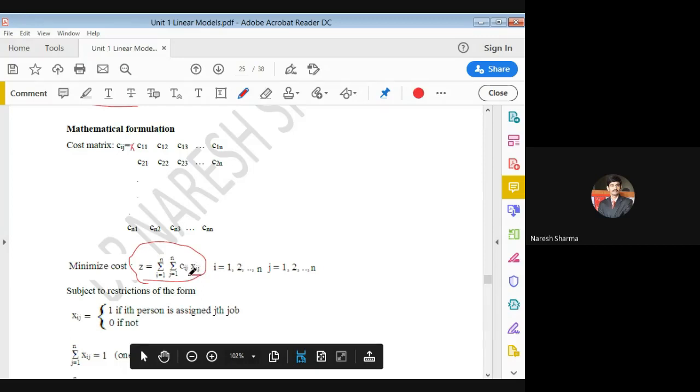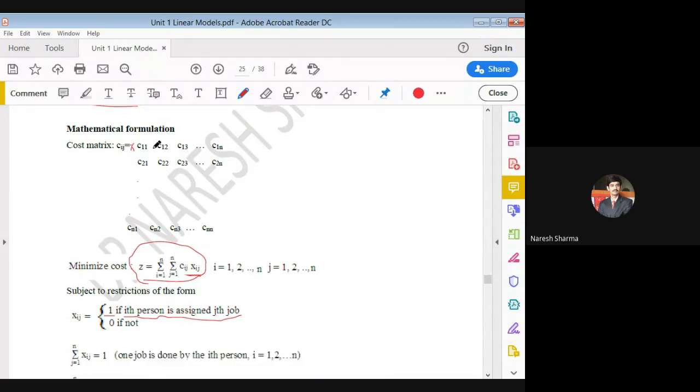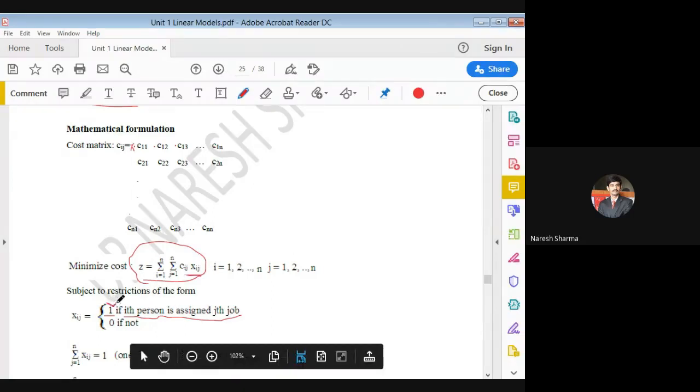But xij is 1 only if the ith person is assigned the jth job. In each allocation, the job is given to only one person, so at one place the allocation is there, which we consider as 1, else we consider x equal to 0.